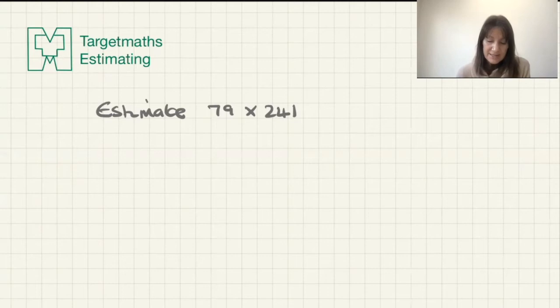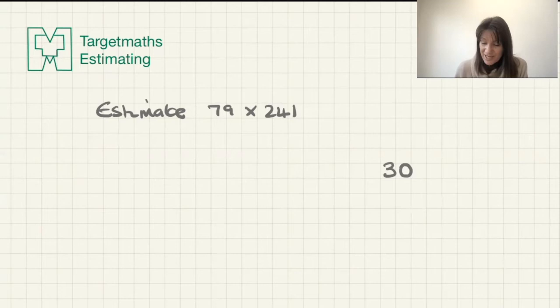So one significant figure, what does that mean? That means numbers that have a value and nothing else. No other digits apart from 0 if I need to keep it in the right place. So 3 is the number 3. If I put that in, it moves the 3 into the tens column.